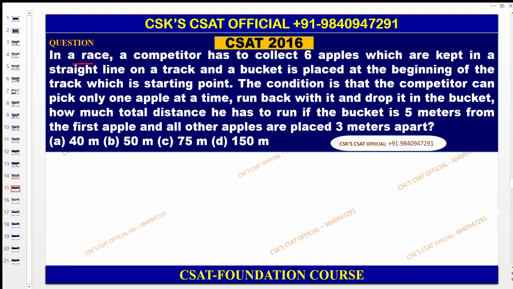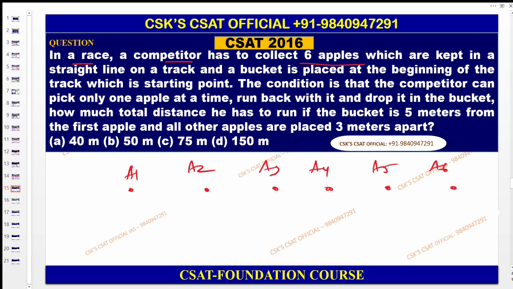In a race, a competitor has to collect 6 apples, which are kept in a straight line on a track. A bucket is placed at the beginning of the track. So this is apple 1, apple 2, apple 3, apple 4, apple 5, apple 6.